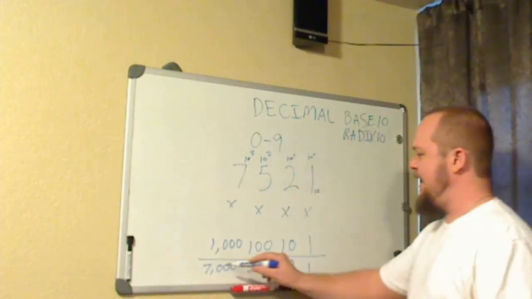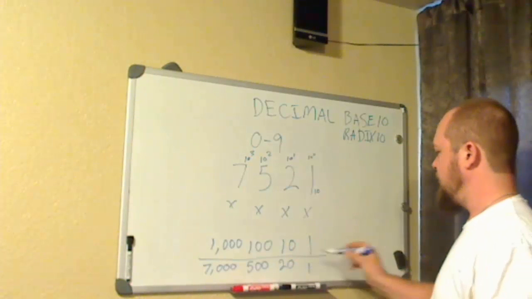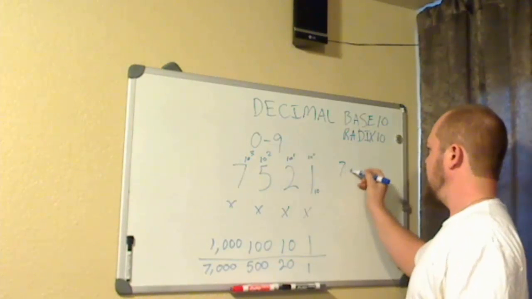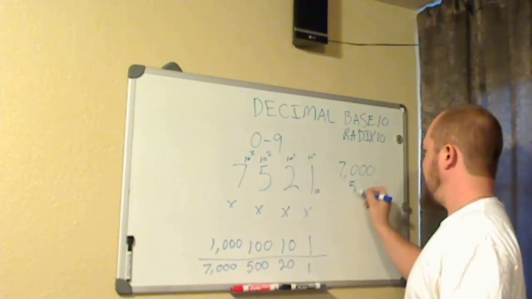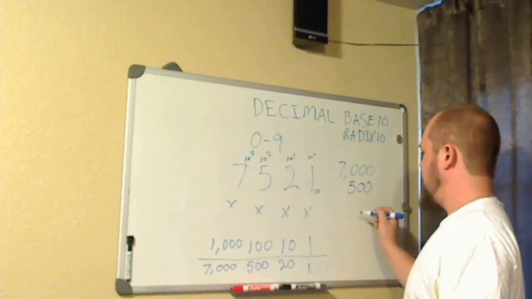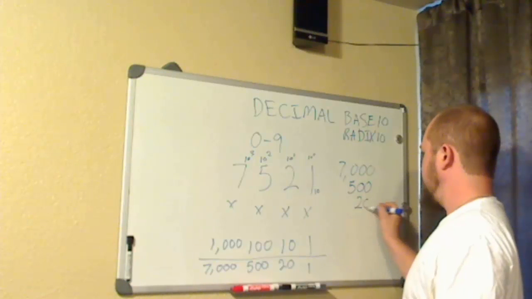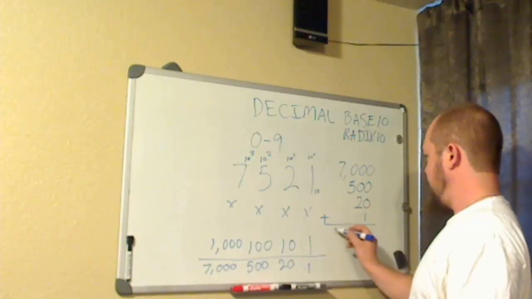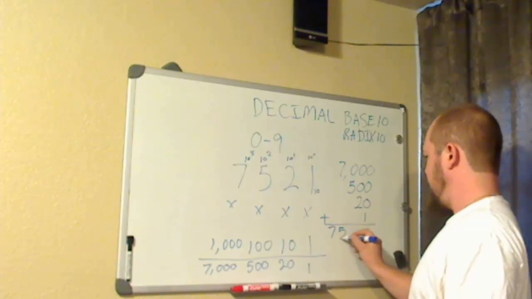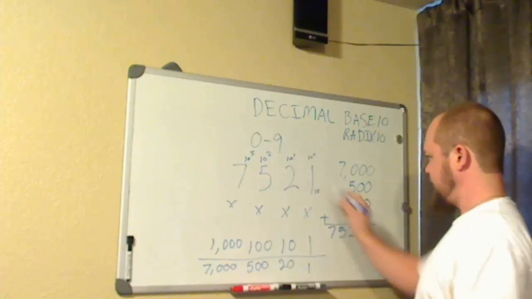Now, if we add all of these numbers together, 7,000 plus 500 plus 20 plus 1, we will get 7,521, the same number.